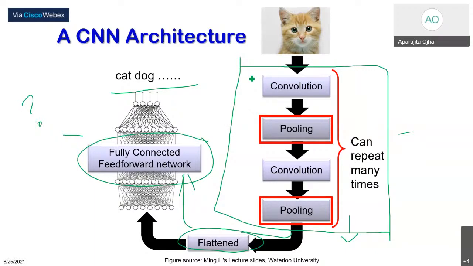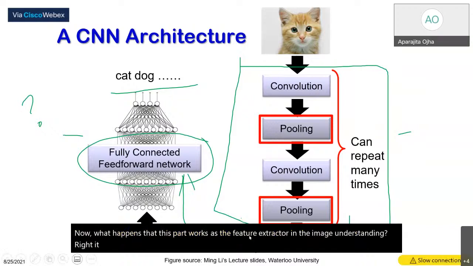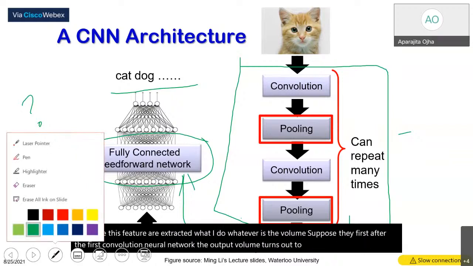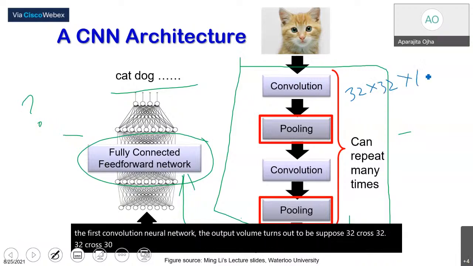Once these features are extracted, whatever the volume is, suppose after the first convolution the output volume turns out to be 32 cross 32 cross 16.